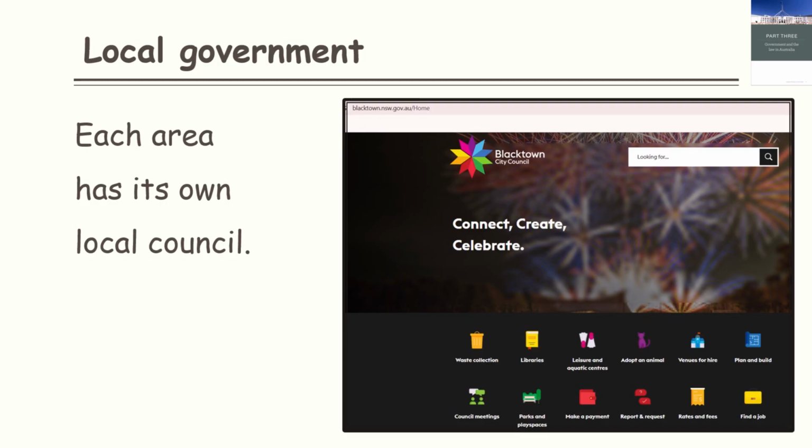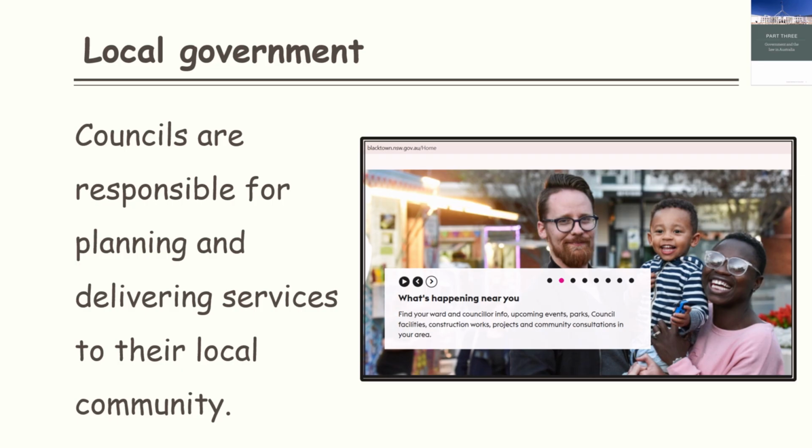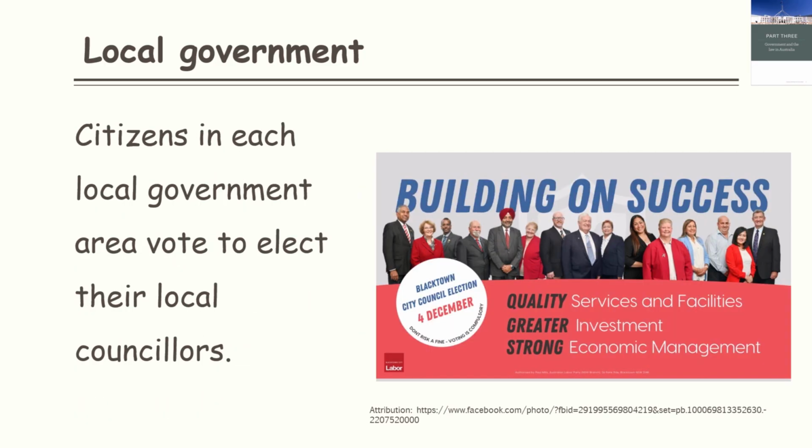Each area has its own local council. Councils are responsible for planning and delivering services to their local community. Citizens in each local government area vote to elect their local councillors.